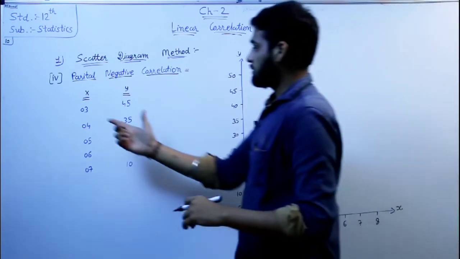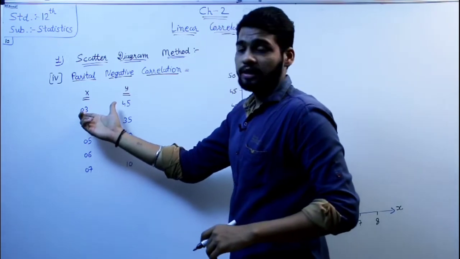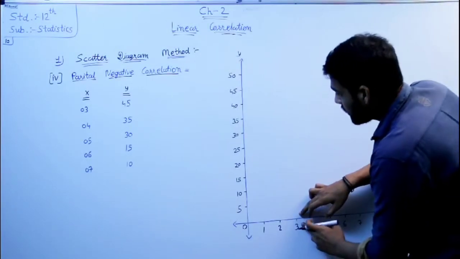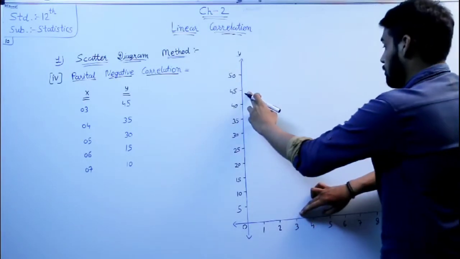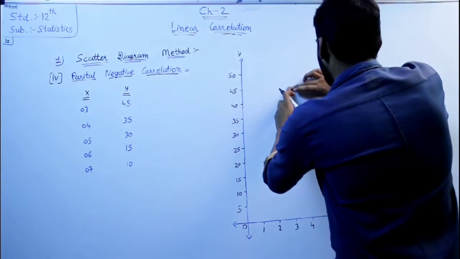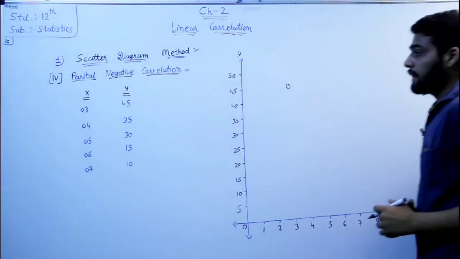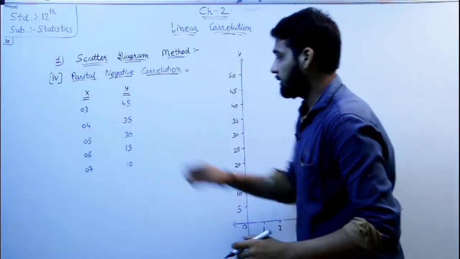So first one is, on the x axis we take 3 and on the y axis we take 45. That means here 3 and here 45. So this point is plotted here. Okay, then 4 and 35.